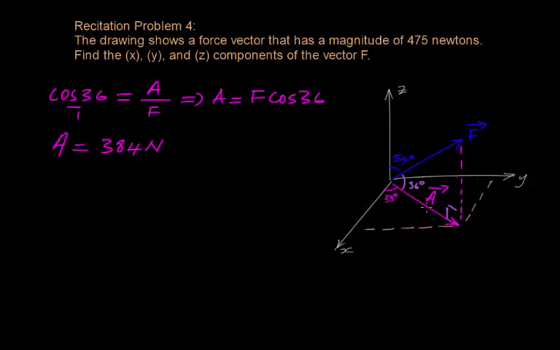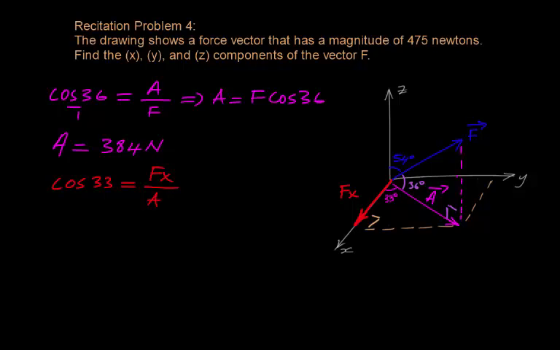This vector A is now very useful for us to solve for the x component and the y component for the vector f. This is the x component for f. A right angle is right here. This is the 90-degree angle. Now, if we use the 33-degree angle, we can easily solve for the fx. Cosine 33 equals adjacent, which is fx, divided by the hypotenuse, which is the vector A that we just solved for.